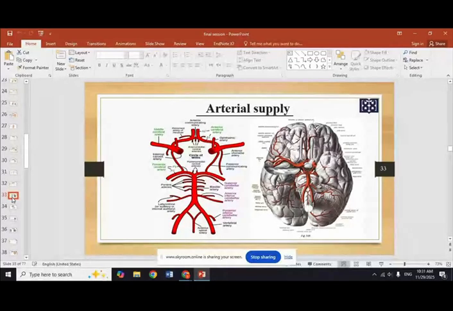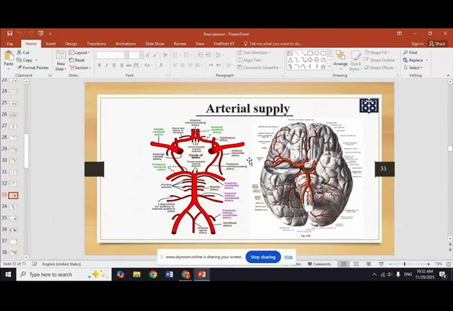Another part I want to tell you about is the arterial supply. If you remember, I told you all the structures in our body need arterial supply, oxygenated blood, and after that we must drain the blood back to the heart. Same as before, I told you about the blood supply of the spinal cord and medulla oblongata.